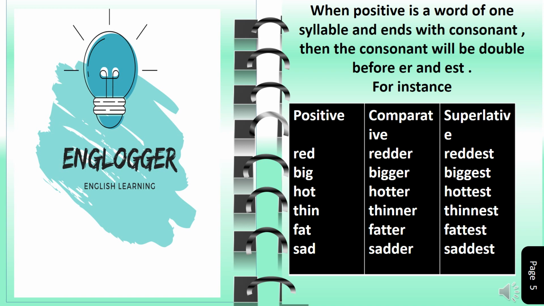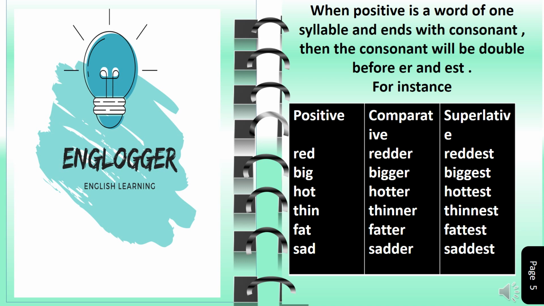So if any vowel sound is coming and that too is a single sound, the consonant changes into double before ER and EST. For example, like red, a sound of one syllable, one vowel is coming over here.